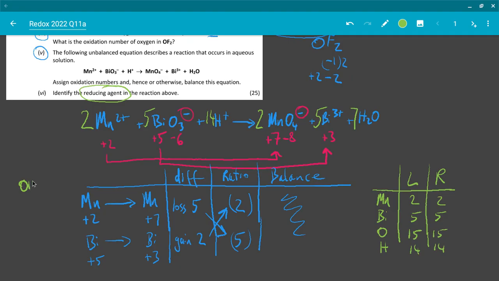Remember, oxidation is loss of electrons, and that's what's going on here. We've got manganese losing electrons. So this is the reducing agent. And be careful now, because the reducing agent in full isn't just manganese, it's the ion here. So it's Mn2+. That's the answer to the final part.